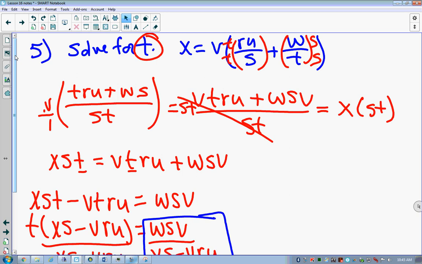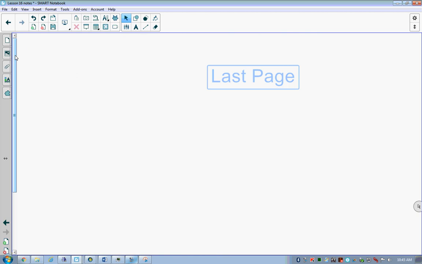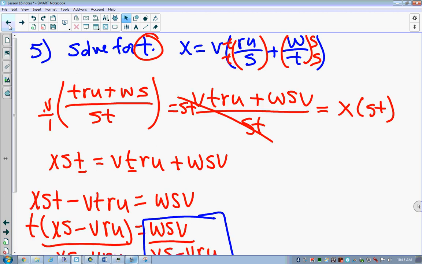Next step is to subtract across to get my needed variable together, so pay attention to what that variable is. Factor that variable out and then divide by everything else. It's the same thing every single time. They might be different letters, but outside of that, it's the same thing.